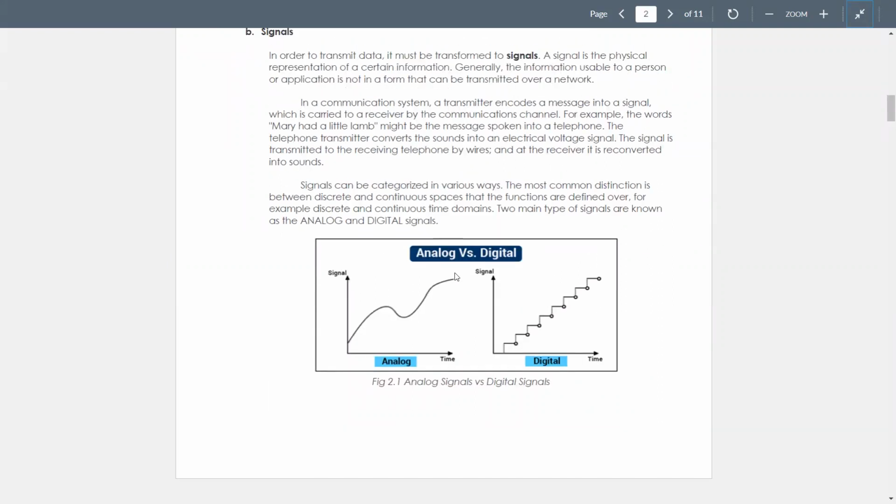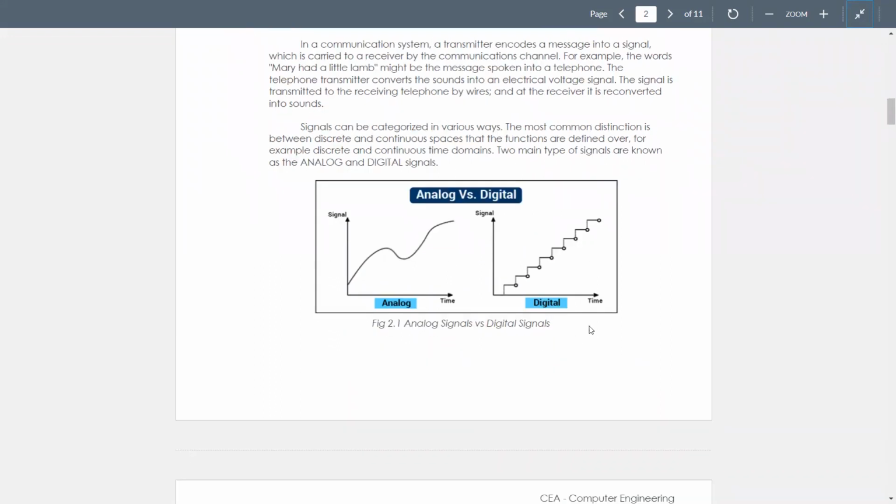We have a lot of information that differs analog and digital, but if you just focus on the waveform, we see the difference. Digital has a specific value for each time, while analog varies at different times, different periods.